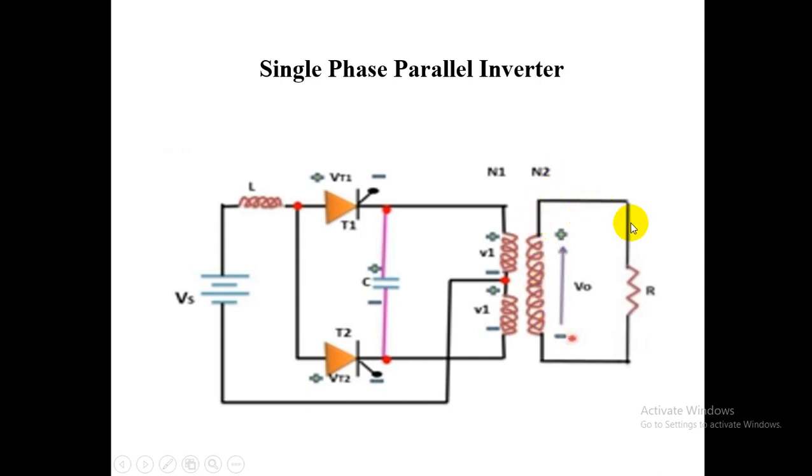We connect one resistance to this secondary winding to get the output. We can call this a resistive load, and the voltage available across the resistive load is called output voltage. The positive side is connected to thyristor T1, and the second half of the primary winding of the transformer is connected to thyristor T2.